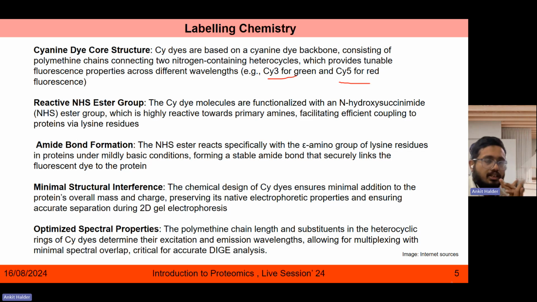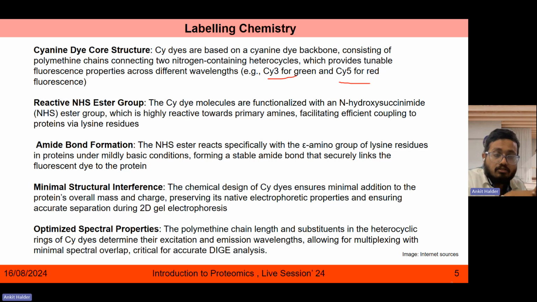That's why Cy3 can go for green, Cy5 for red, Cy2 for yellow. All these backbones and tunable heterocycles help us get different fluorescent properties.